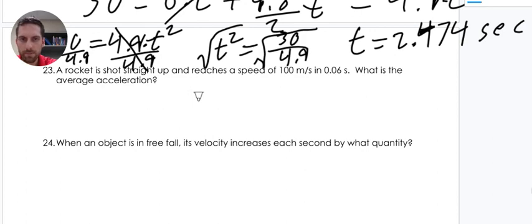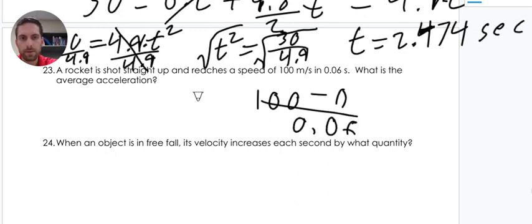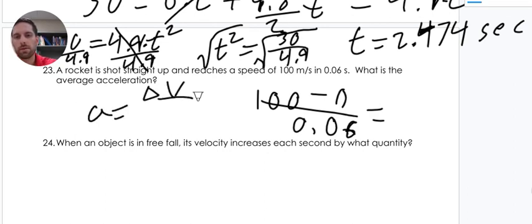So using the idea of acceleration is our equation, because a equals delta v over t. Then we find that answer. Let me do that. And we should get a large value.